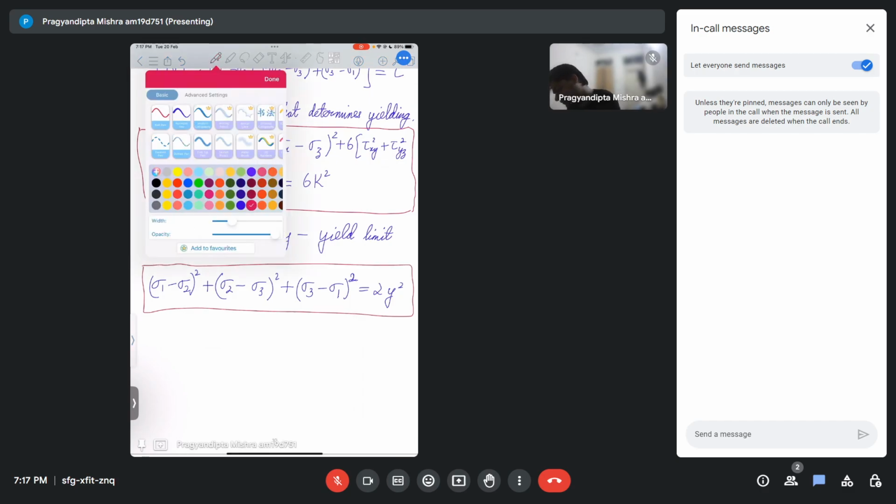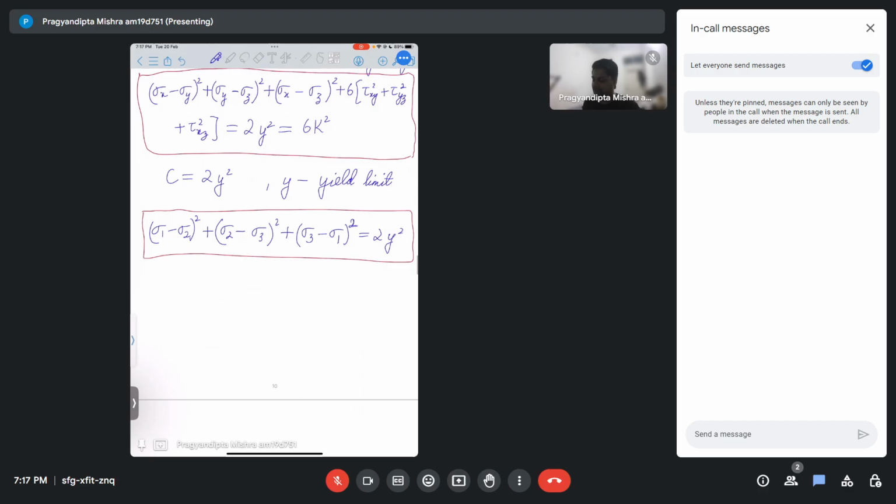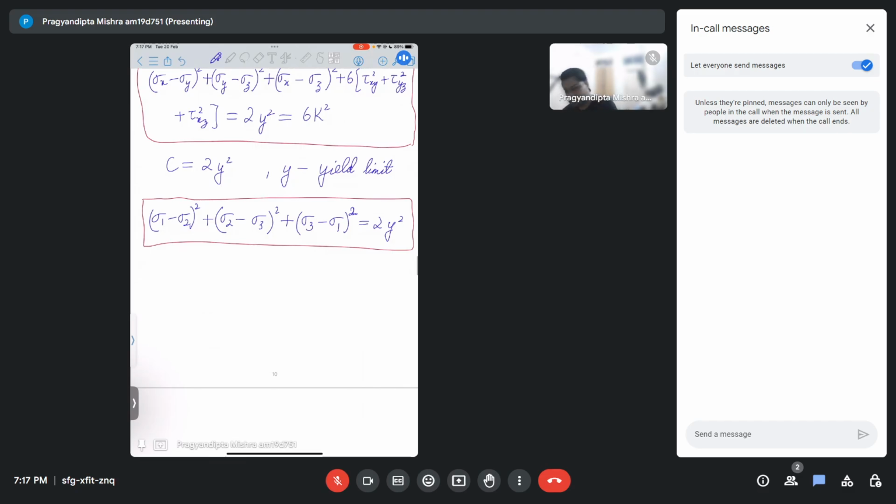So this is your von Mises criteria. One more important criteria we'll discuss, then I will draw and show how these criteria look in a stress graph, in a 2D state of stress.